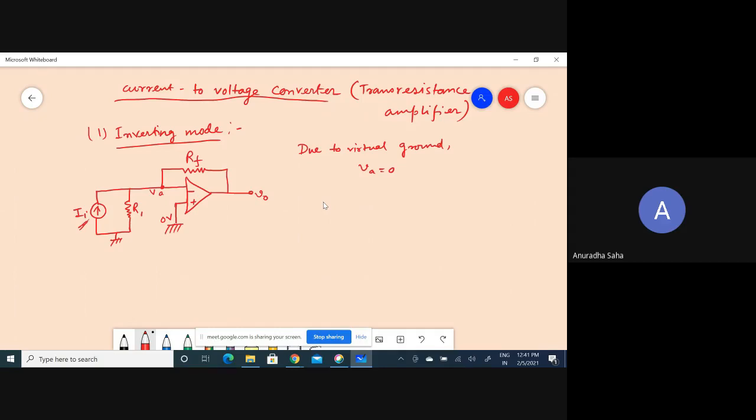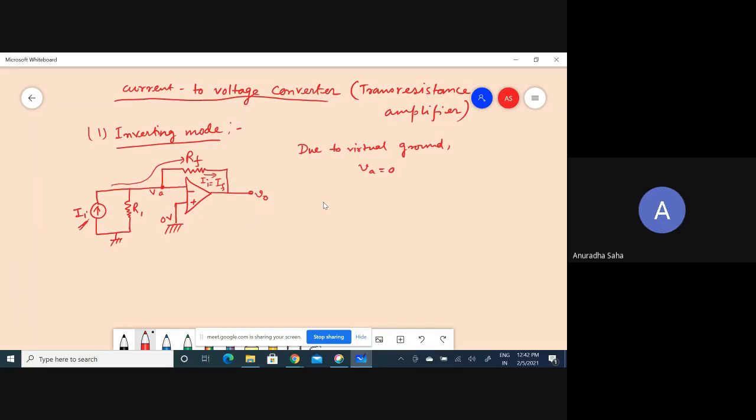That means due to this current source, only this II amount of current is going to flow here, and automatically this II is going to flow through RF as well. That means this feedback current across this feedback resistance I can term as II.